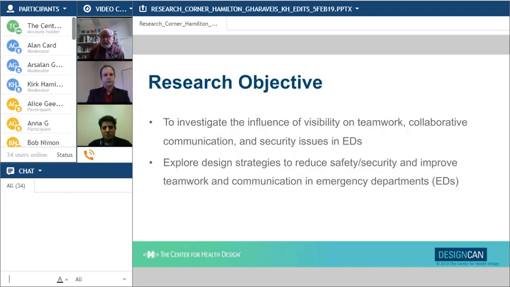So the objectives were to investigate how this visibility issue related to the other issues of teamwork, communication, and security, and he wished to explore some strategies to see if they could reduce safety and security problems, improve teamwork, improve communication.